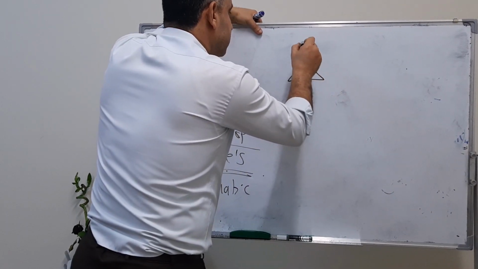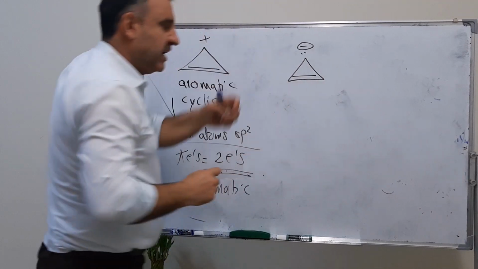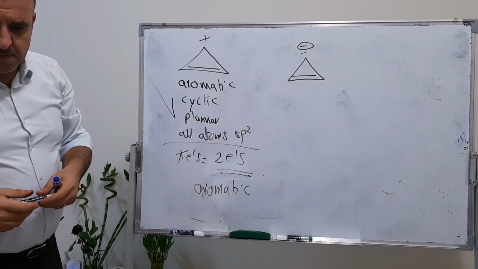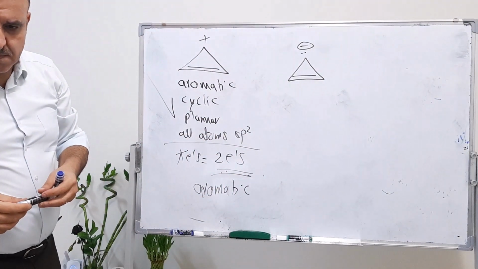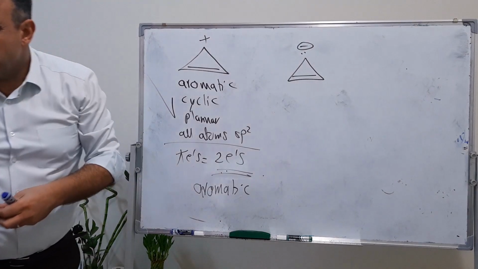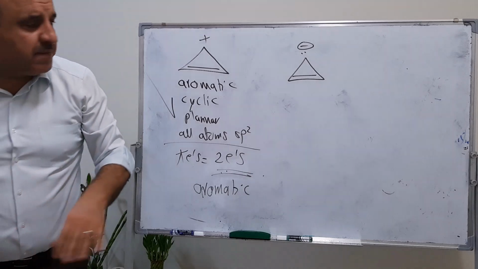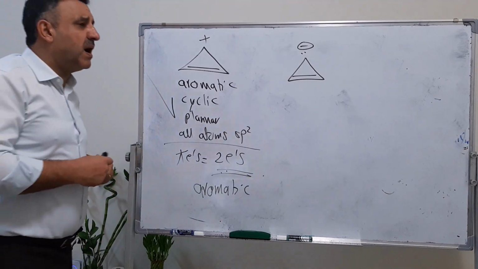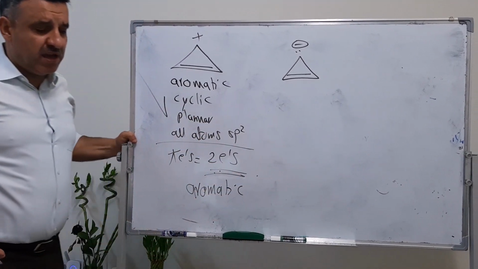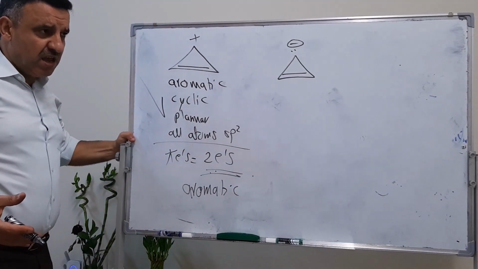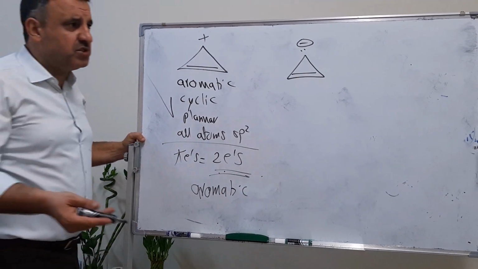Yes, please. What is n in the rule? Any n, it's just the number of pi electrons. If you want to memorize it, memorize. If you don't want to memorize, use the rule.